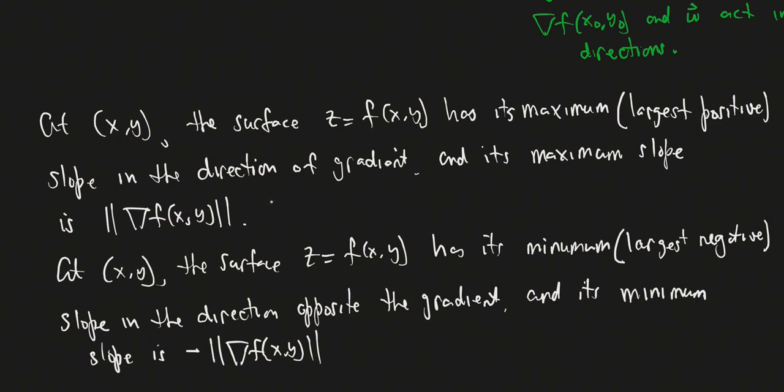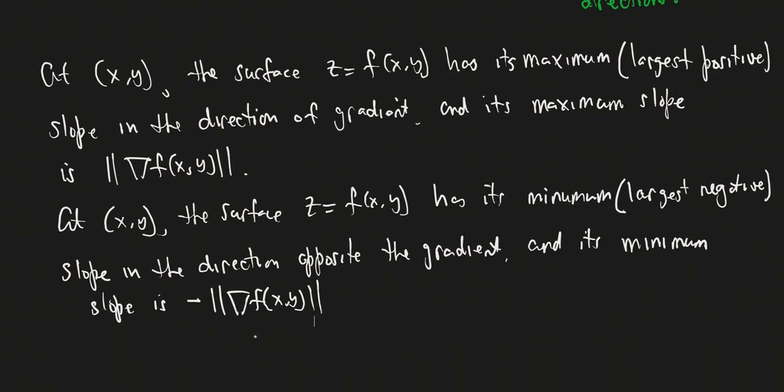Conversely, the flip side of that is, in which direction should you go if you want your function to decrease most rapidly? Well, that would be in the direction that's opposite the gradient. And then that minimum, or I should say that largest negative slope, will be the negative of the magnitude of your gradient vector. All right?